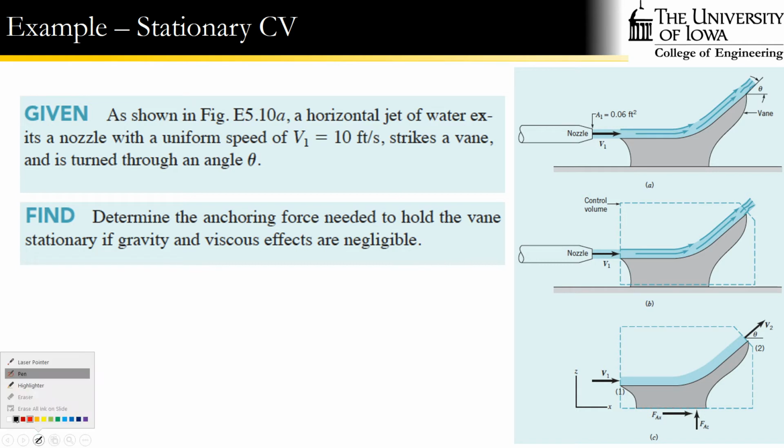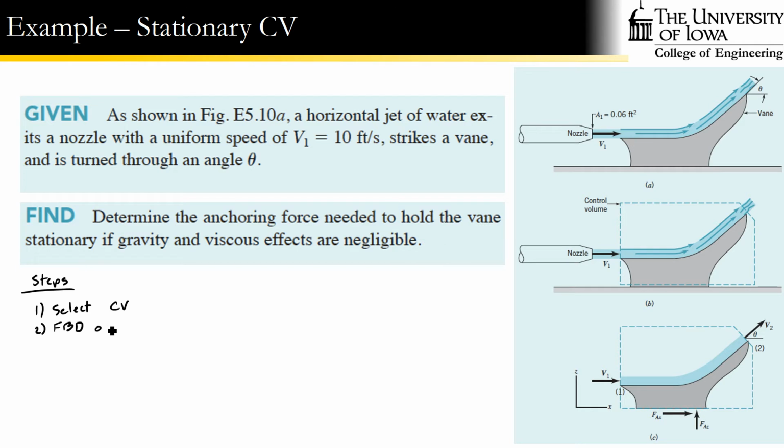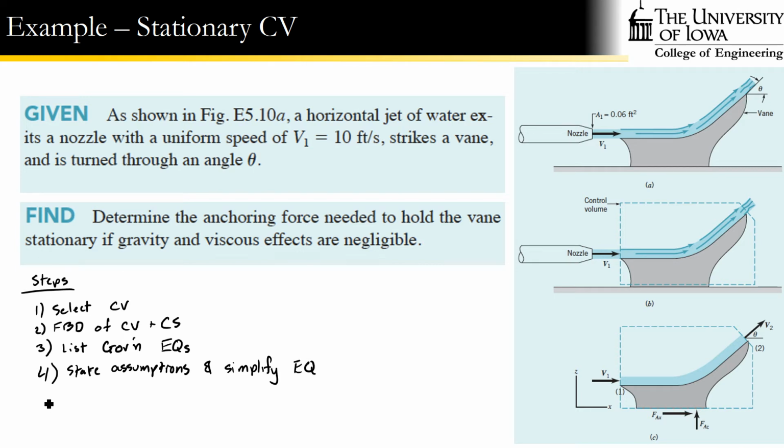I like to follow the template of these steps: 1 is select a control volume. 2 is draw a free body diagram of the control volume and the associated control surfaces. 3 is list the governing equations. 4 is state assumptions and simplify the governing equations. And then 5 is solve for unknowns.